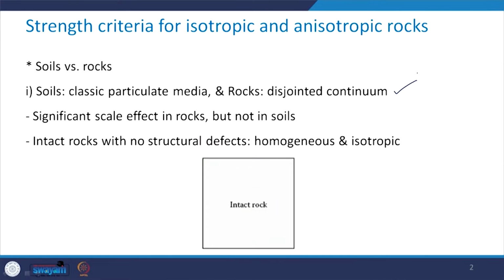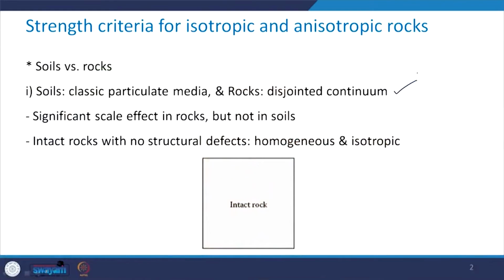There is a significant scale effect in rocks, but it is not there in soils. I have explained to you that when you increase or reduce the size of the specimen of the rock, how the strength is going to be influenced by that. In case of the soils, we do not have any such phenomenon.